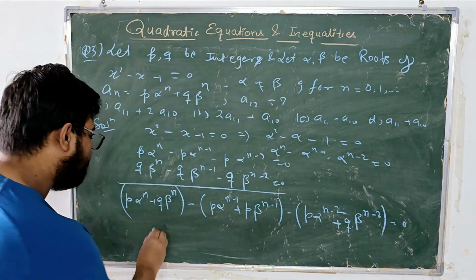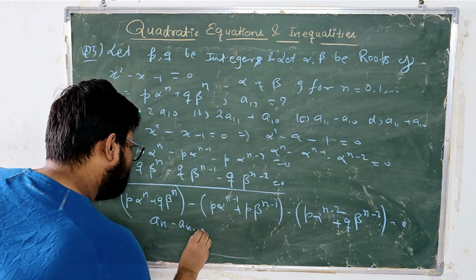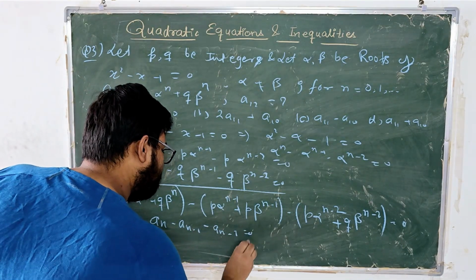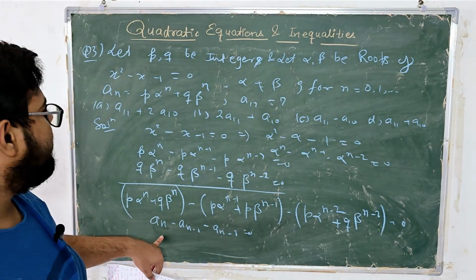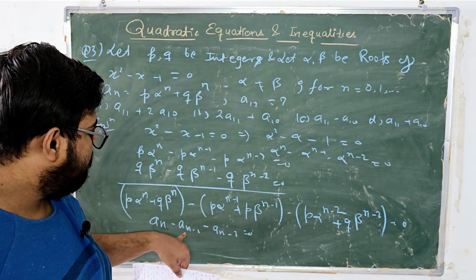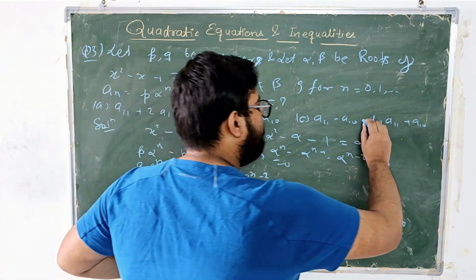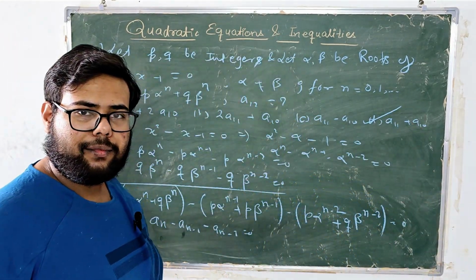Correct? So this is a_n minus a_(n minus 1) minus a_(n minus 2) is equal to 0. So the moment you substitute n equal to 12, you will get a12 equal to a11 plus a10. Okay, understood?